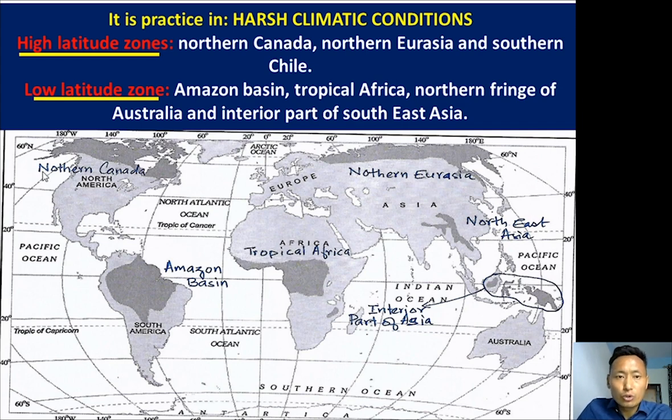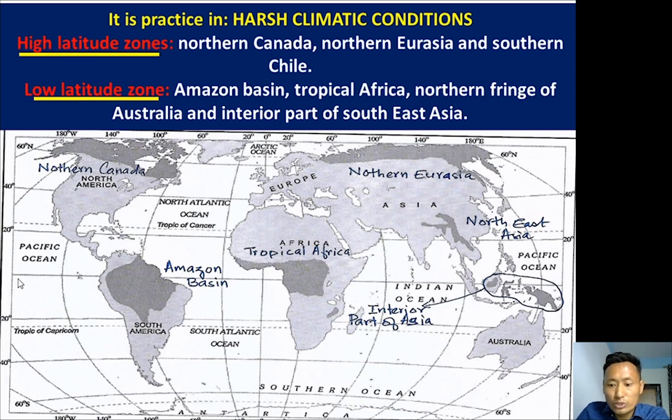High latitude zones means those regions located very close to the north and south poles, at more than 45° north and 45° south. So these regions are known as high latitude zones.